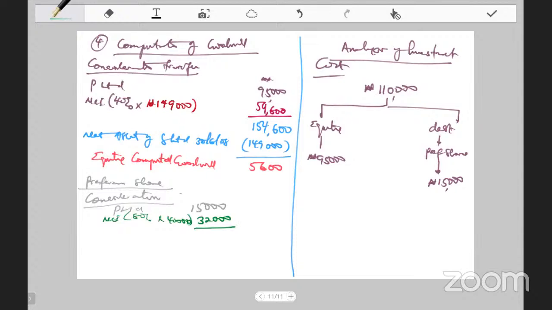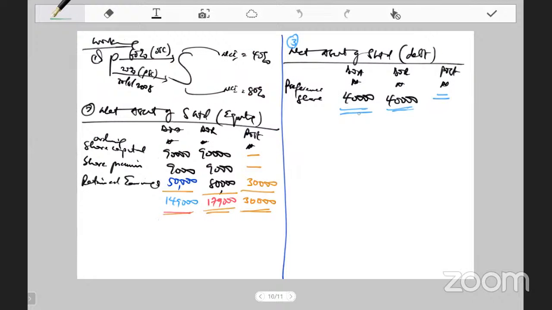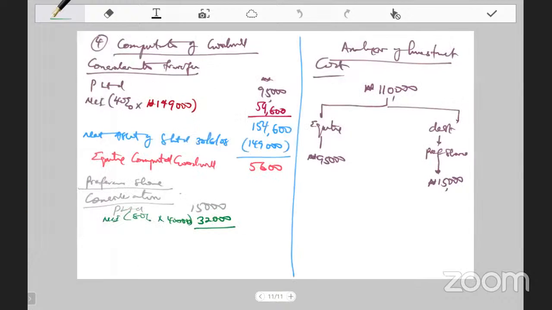32. Where do you get 40? That is the value of the preference shares on the date of acquisition. So what do I have? 32 plus that. What would that give me? That is 47,000.